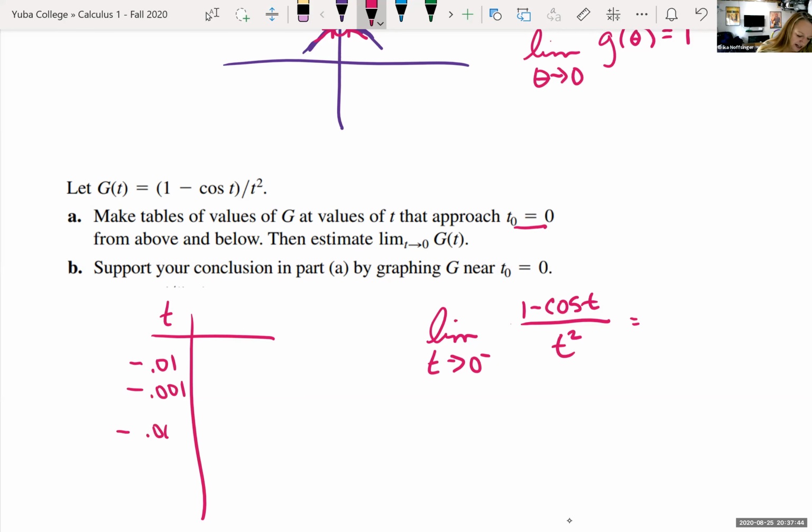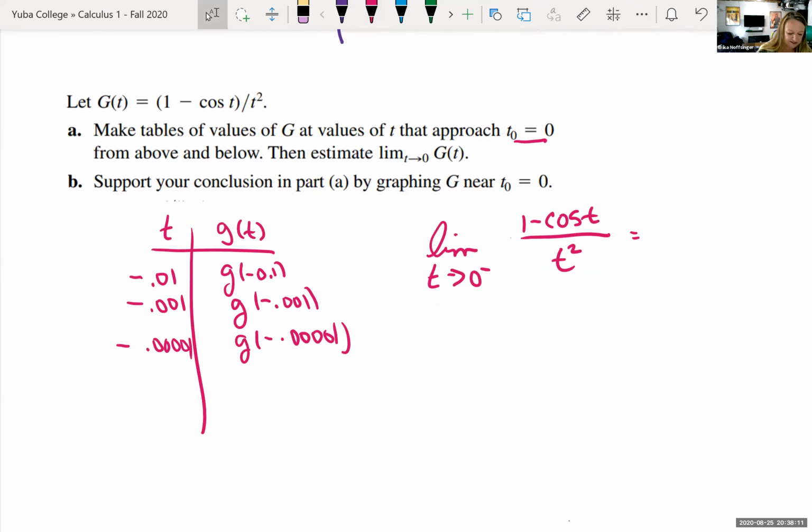So just plug in numbers getting closer and closer to 0. And if you can show that you're getting the same value back each time, or you're getting closer and closer to the same value as you get closer and closer to 0, then we can say that limit exists and it's equal to that value.